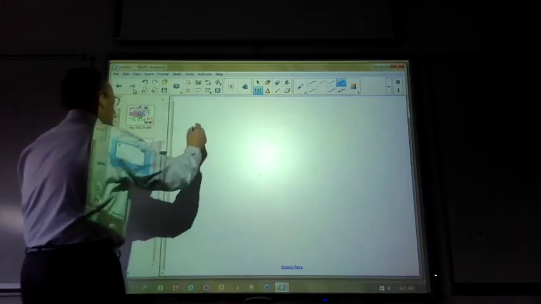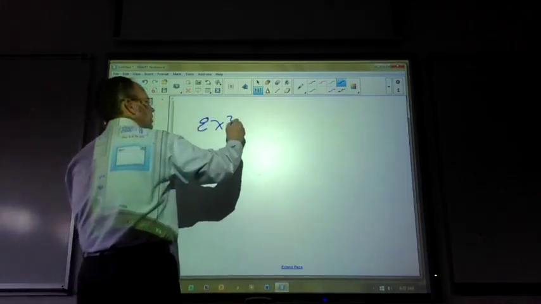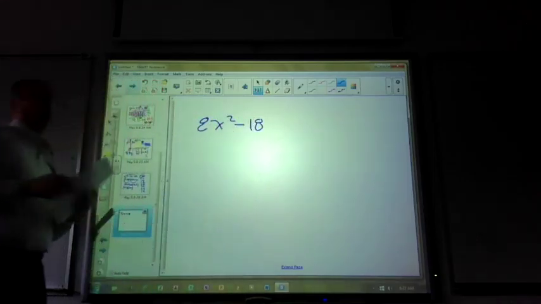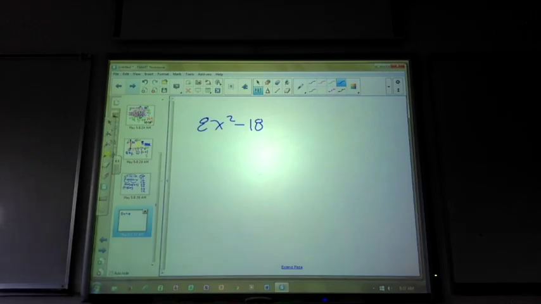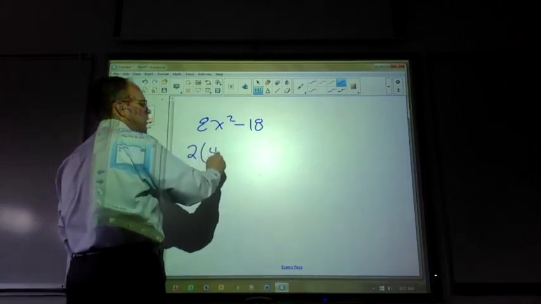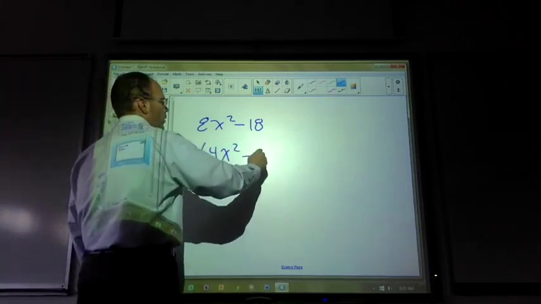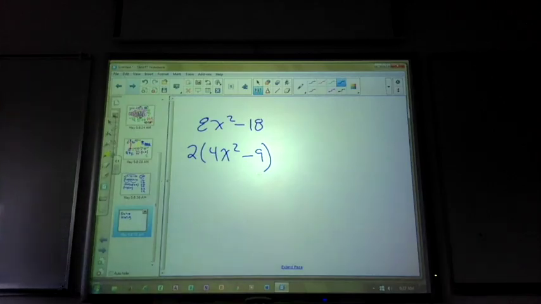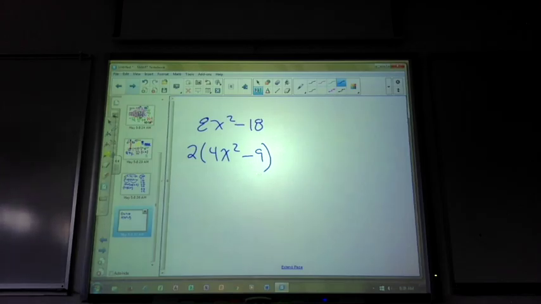Moving on. 8x squared minus 18. What do you know? Good. 2 goes in, so I have a greatest common factor of 2. This would be a 2-point problem. Right now you have one of the points. Is there still more of a greatest common factor? You're almost there.